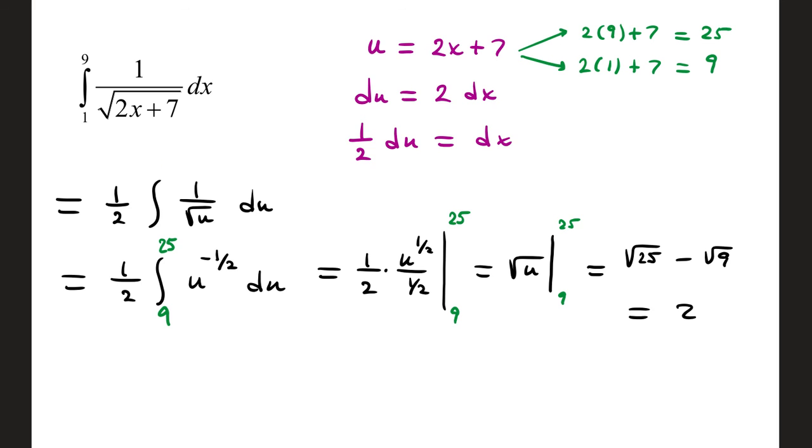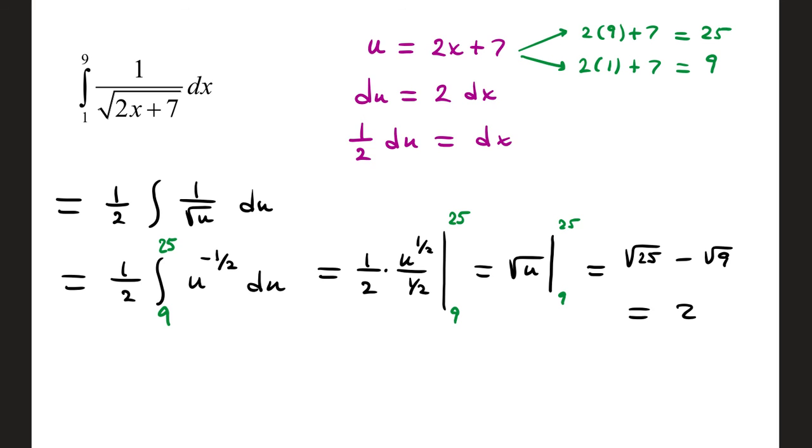1 over square root of u can be written as u to the negative half. Now, I purposefully left off the upper and lower limits here, and put them back in towards the remainder of the problem, so that we could absorb translating 1 over square root of u. That's u to the negative half.